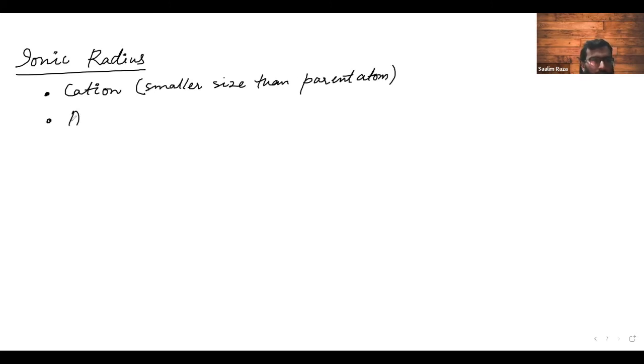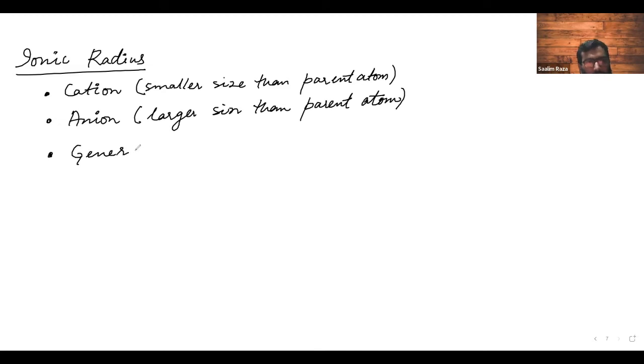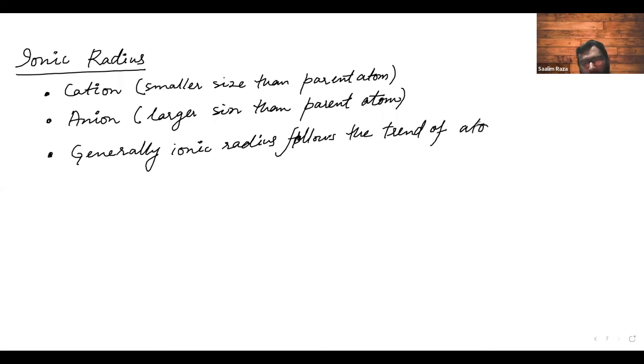The next is anion, which will have a larger size than the parent atom. And what is the trend? The trend is generally that ionic radius follows the trend of atomic radius.